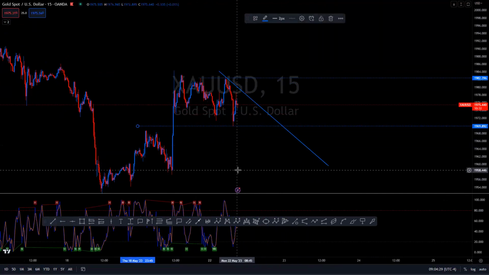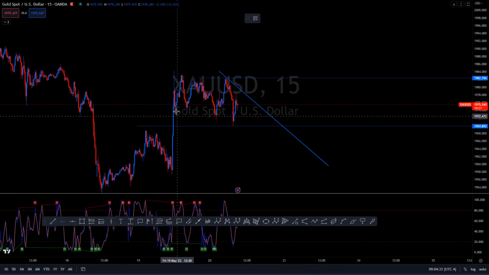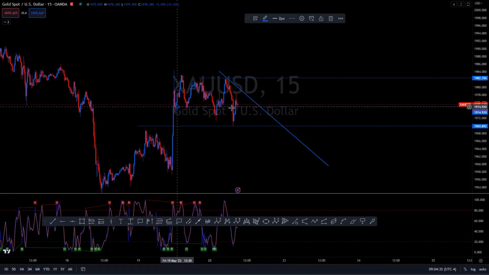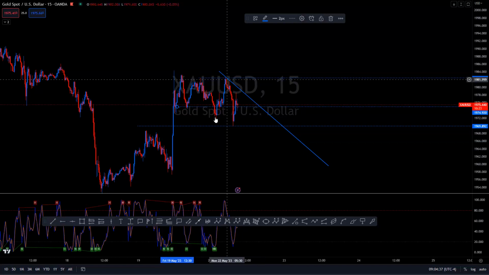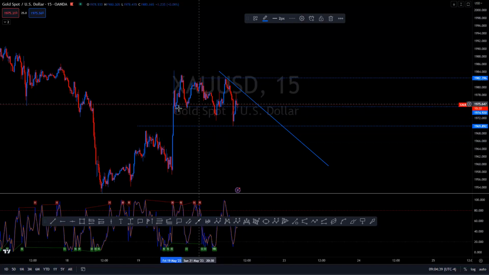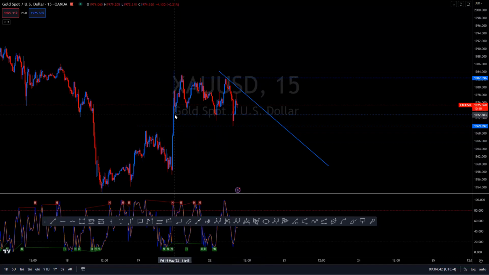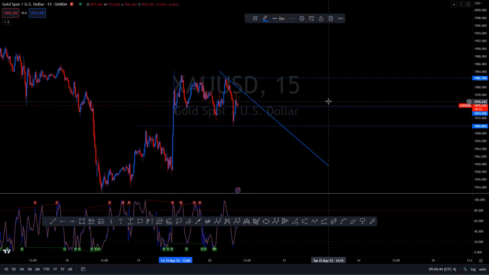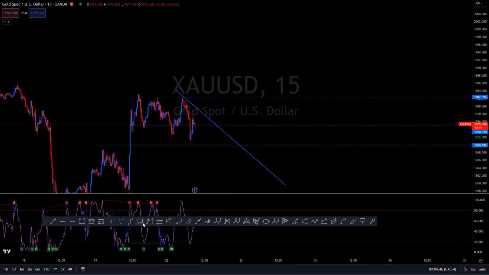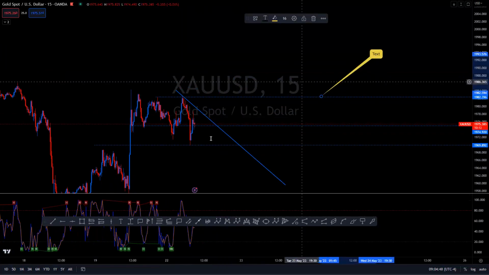And then we also see that price broke this previous structure right up in here. This is the last swing, and it went up to here, and then the structure was broken up to here as well. So we can kind of just put it here, wouldn't hurt. So this is a bearish trading range, okay?